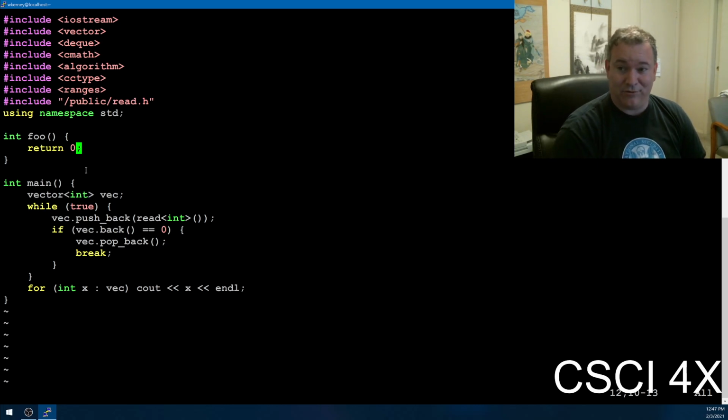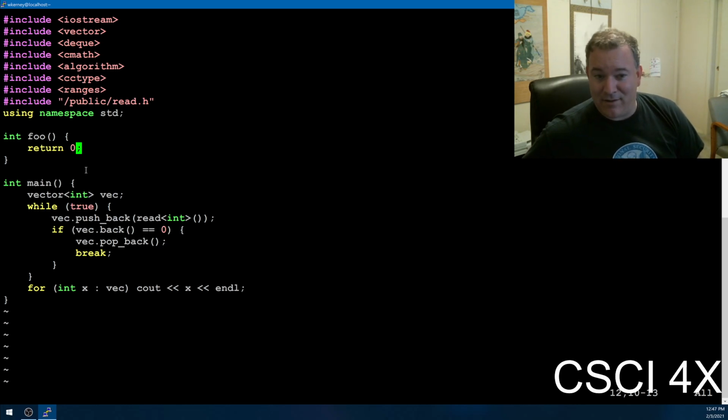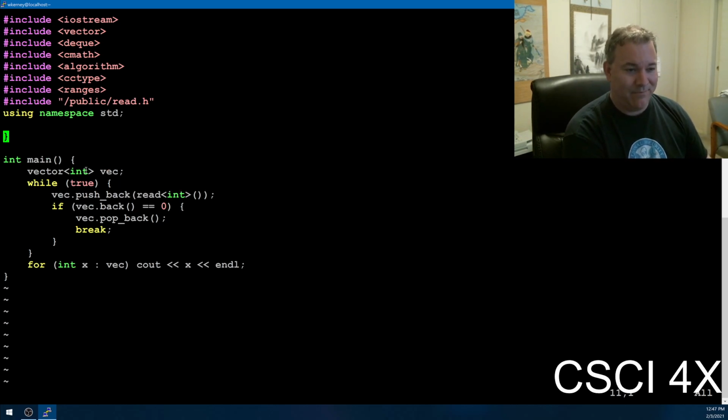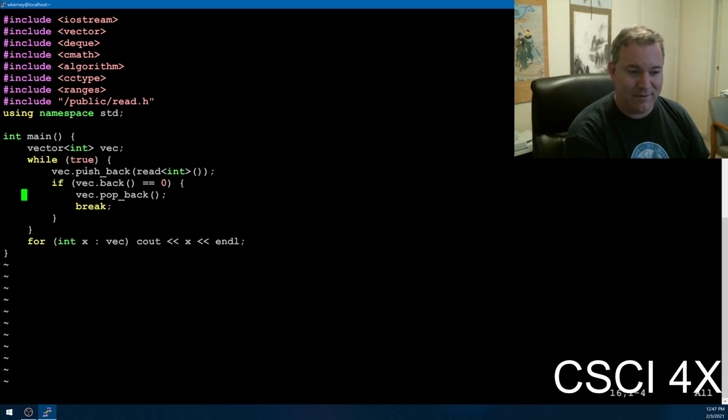Like if you say you're going to return a string and you don't, and then it treats whatever random memory on the stack as your return value, and it jumps to that location, and it'll probably segfault your program immediately. You really, really want to always return something from a function, except main. You don't have to. It's part of the standard. You don't need to return 0.